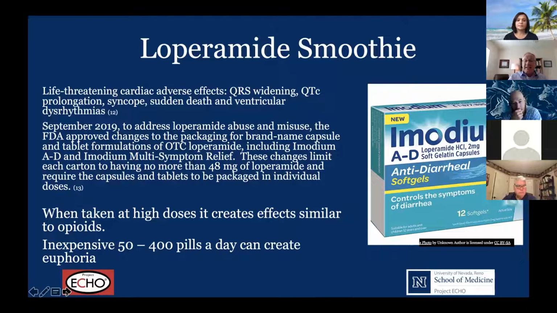The idea with this is if you take it in high doses, then you can create euphoria. It kind of mimics the feeling of opioids. And what it does is, in the beginning, there's a barrier that you cannot pass until you overwhelm the opioid receptor, the mu receptors, and that's where the avalanche of this kind of product will create that euphoria.